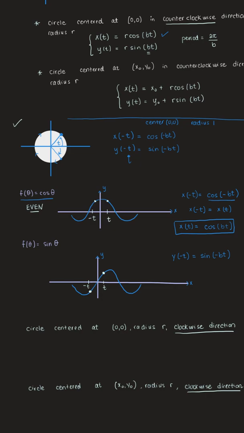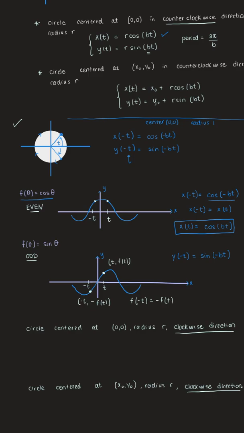Now, the sine function is odd. It has symmetry over the origin. So the coordinates of this point are t, f of t, and the coordinates of this point are negative t and negative f of t, or f of negative t. In other words, f of negative t, when I put in a negative value, is the opposite of f of t.